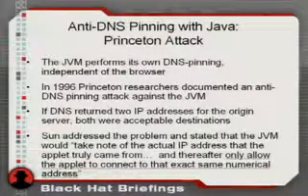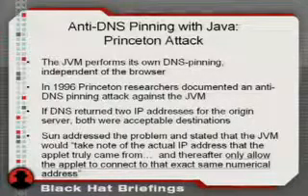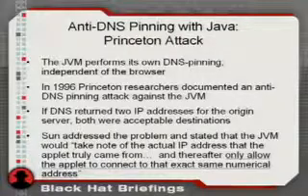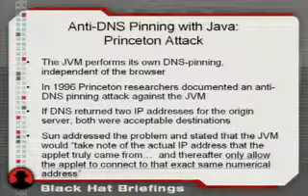What the researchers noticed at Princeton was that if DNS returned two different IP addresses for the origin host name, Java would consider either one of them to be an acceptable destination for outbound sockets for untrusted applets. Sun addressed the problem pretty quickly and said that in the future, the applets would only be allowed to connect to the actual IP address that the applet file, the class or the jar, was downloaded from.